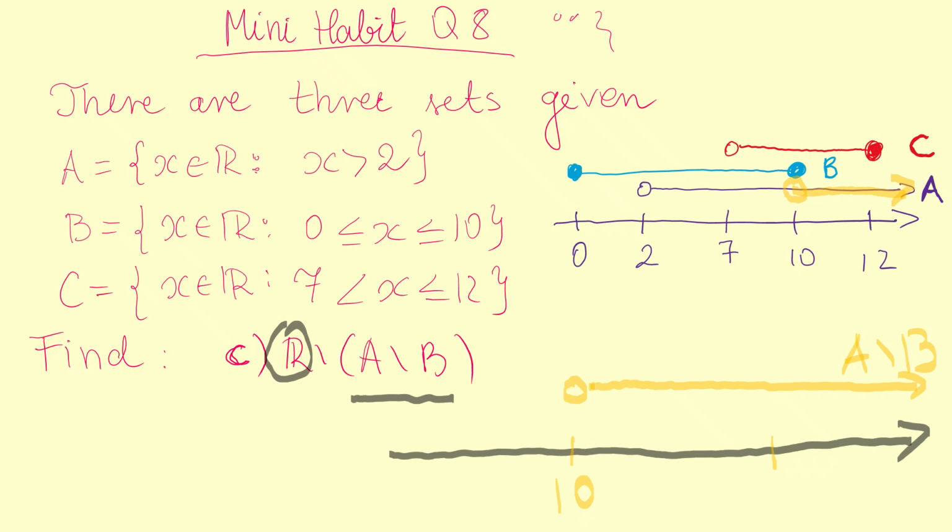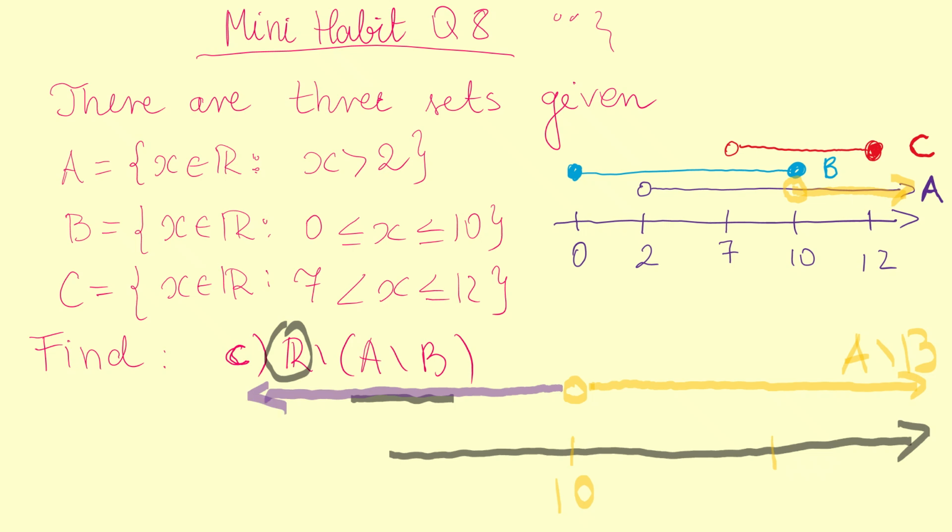Now what do we need to do? From the whole number line, all the possible numbers, we need to take away this orange set. So this will be everything on the opposite side.